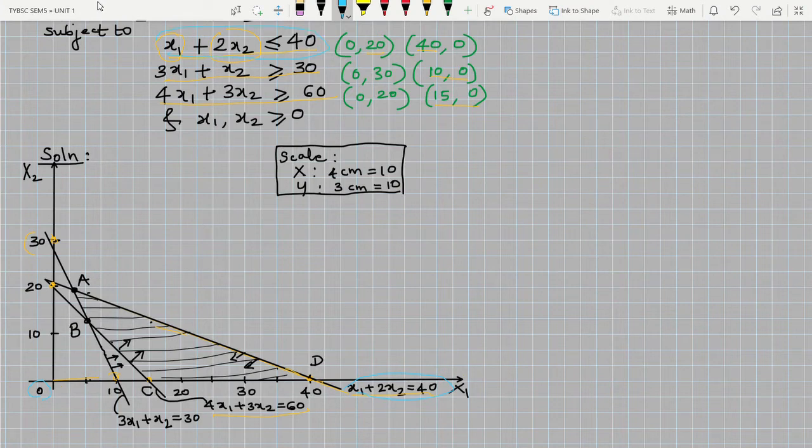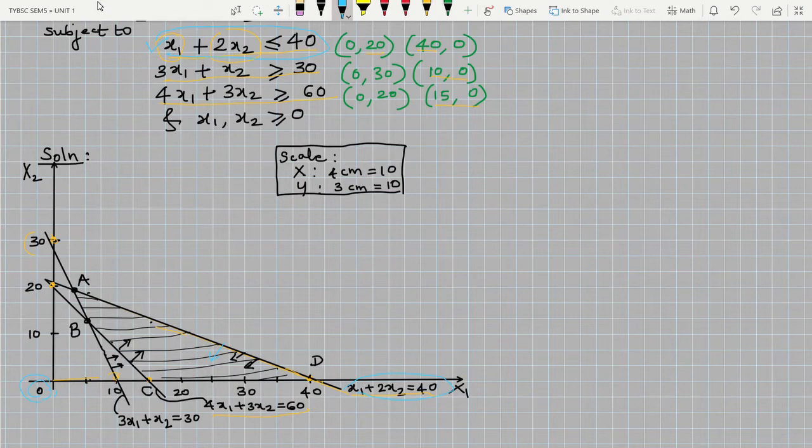That means the origin 0, 0 is satisfying this inequality. Now on which side of this line is 0, 0 lying? On the lower side, and therefore you put the arrow on the lower side of this line. Now look at the second inequality, 3x1 plus x2 greater than or equal to 30.